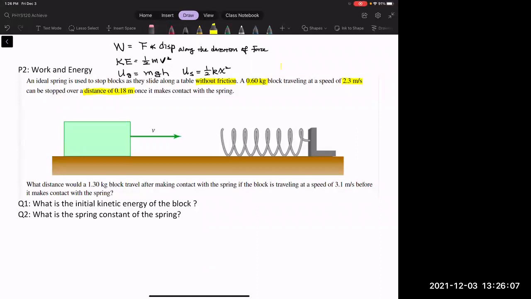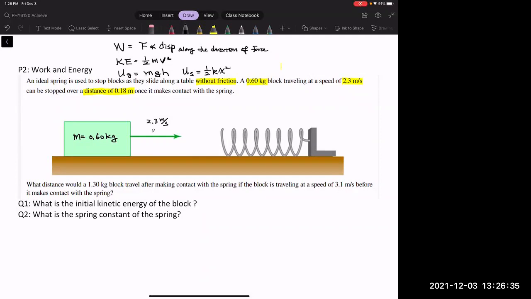That means we can write down all this information. The mass is equal to 0.60 kilograms. Okay, this is not weight, this is a mass. The velocity is 2.3 meters per second. And because there's no friction, this velocity will not change. It will keep on going at the same velocity.